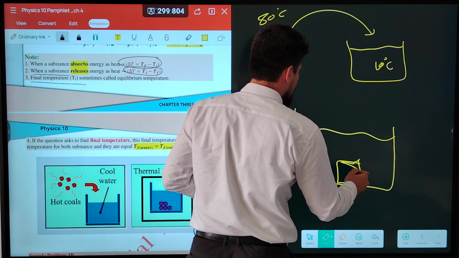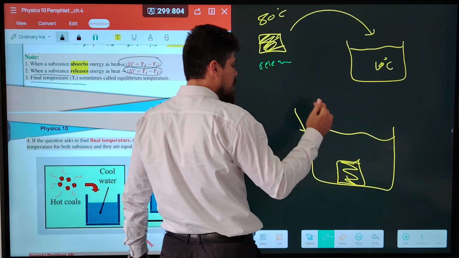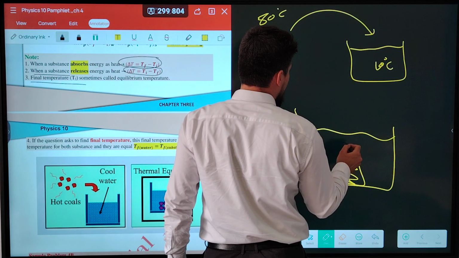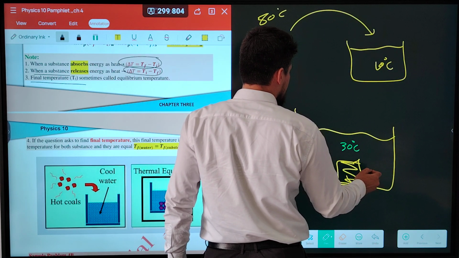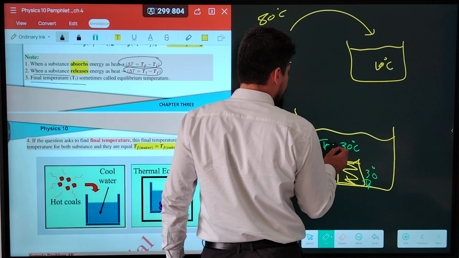Both substances reach what? The same temperature. Say the temperature for both of them is 30 Celsius. This is T final for metal, T final for water.